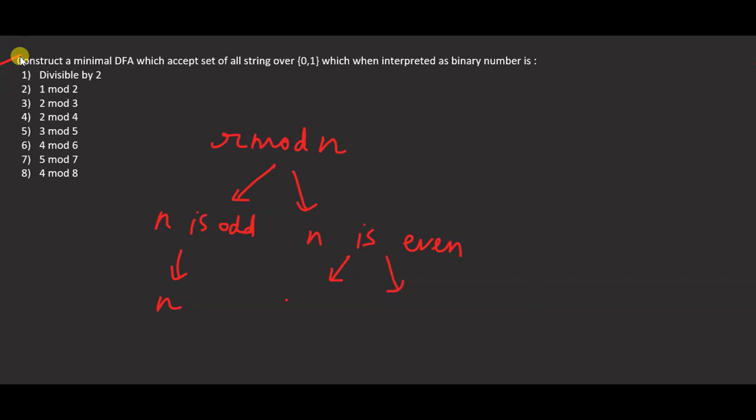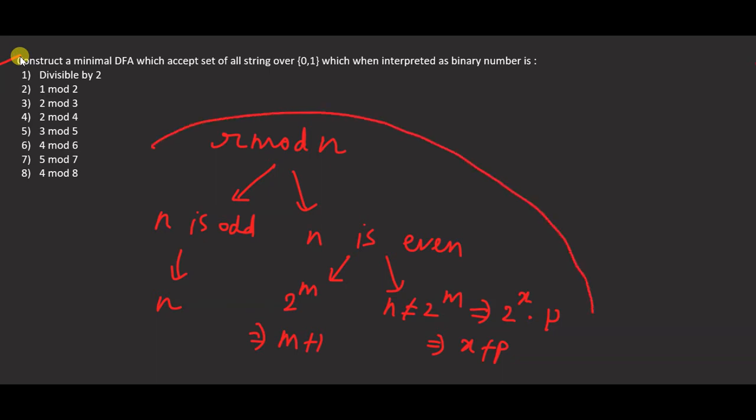First case, when n can be represented in the form 2 to the power m, and second case, when n can't be represented as 2 to the power m, but we can write it in the form 2 to the power x into p. In the first case, the number of states would be m plus 1, and in the second case the number of states would be x plus p. Based on this formula, let's solve all these 8 questions.